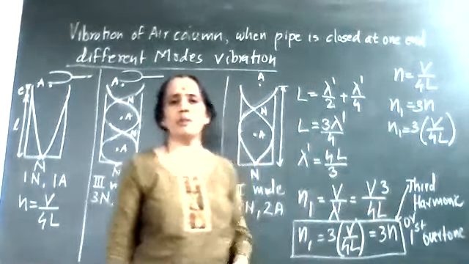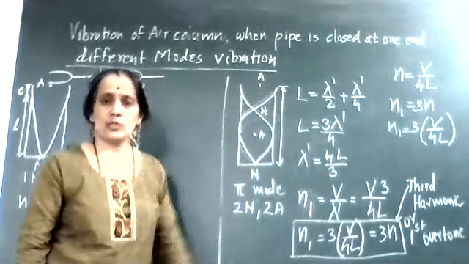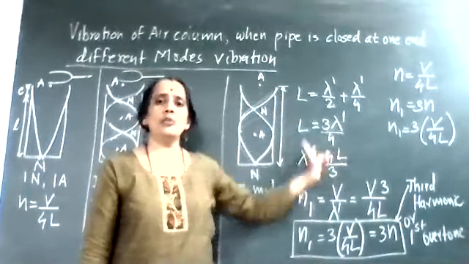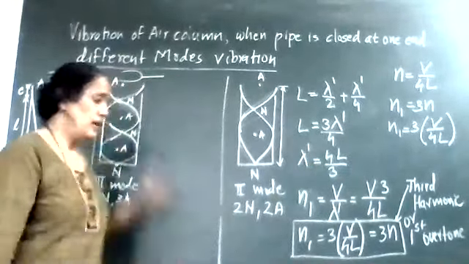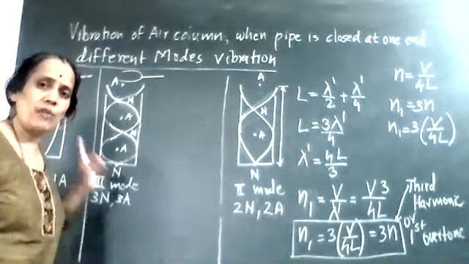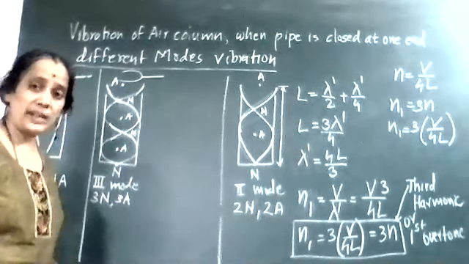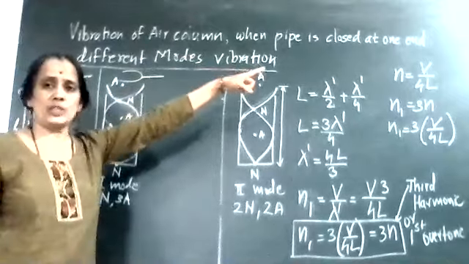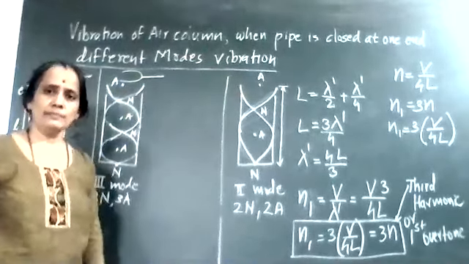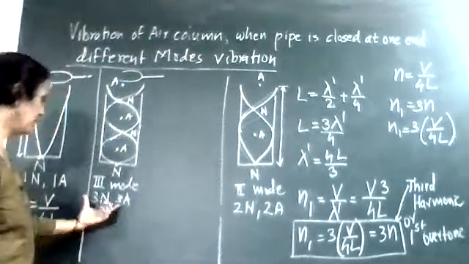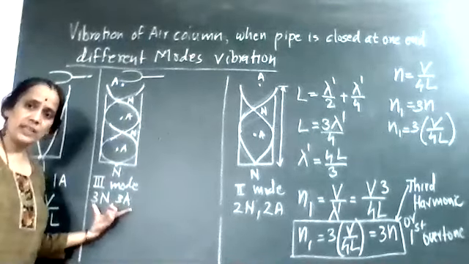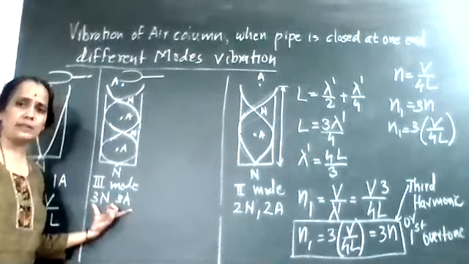How many antinodes will be formed? In the third harmonic, 2 nodes, 2 antinodes. Fundamental mode, 1 node, 1 antinode. But in which case? When the pipe is closed at one end. Clear?